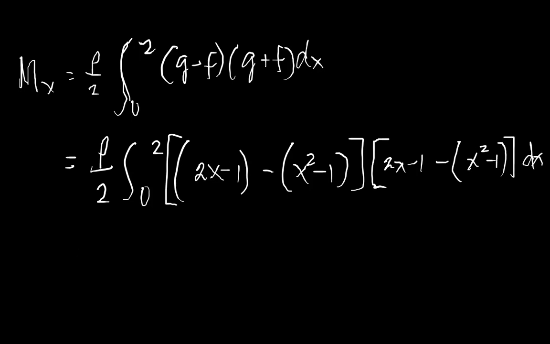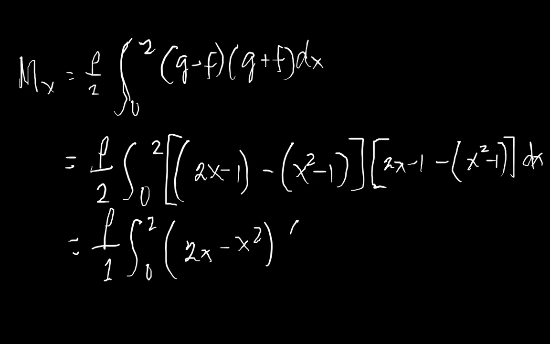So we're now ready to simplify the expression. Rho over 2 from 0 to 2, and simplify. This becomes 2x minus x squared times, I can cancel 1, right?